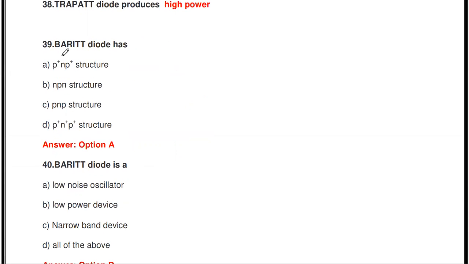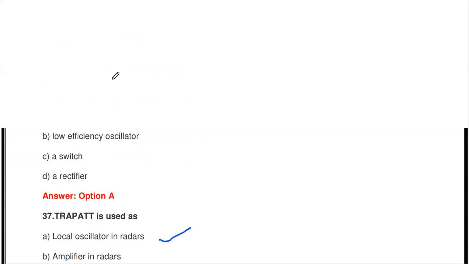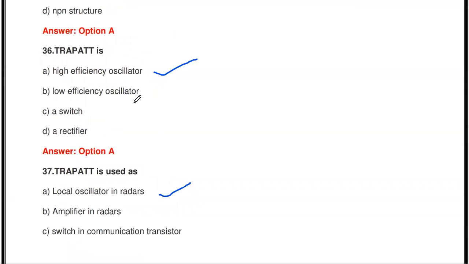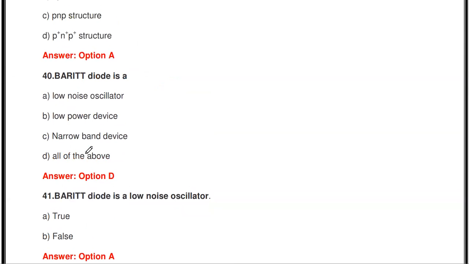Okay, the next diode is the BARITT diode. This BARITT diode is also one of the semiconductor devices. The BARITT diode has which structure? P plus N P plus structure. TRAPATT has P plus N plus, while the BARITT diode has a P plus N P plus structure.